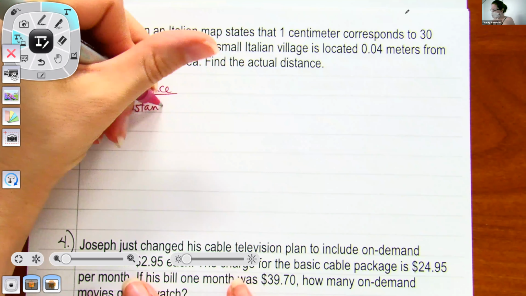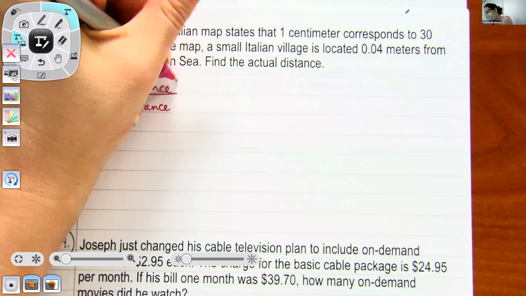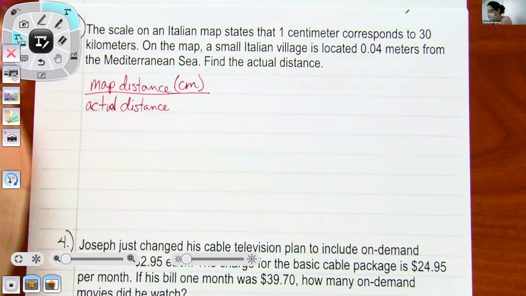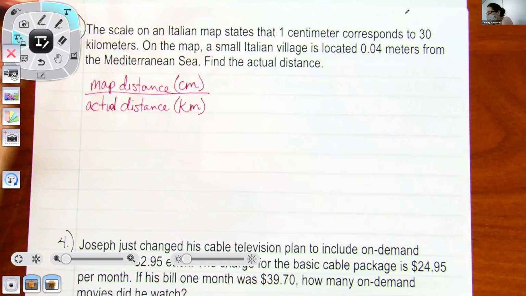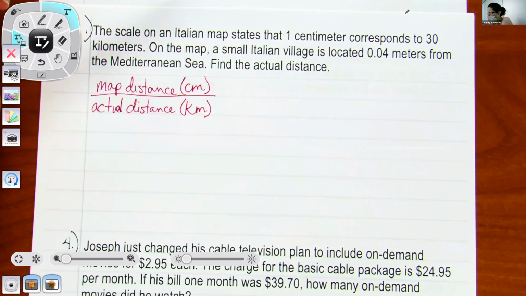All right, so the map distance is given in centimeters, and the actual distance is given in kilometers. Okay, and again, the map distance is given in 2 different units, so we need to convert it to the same units, so it's probably easier to convert into centimeters.